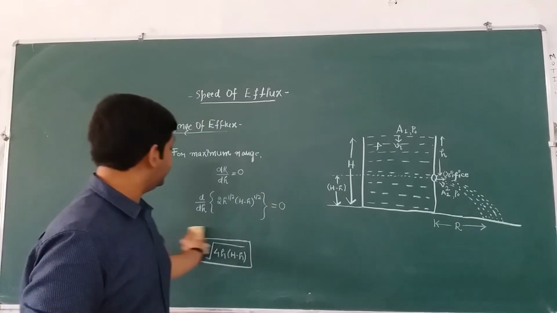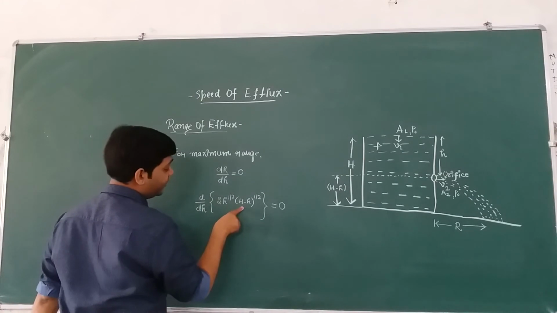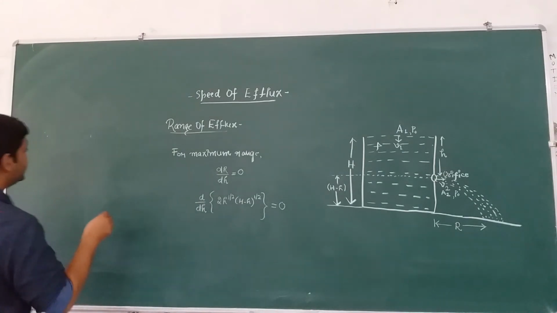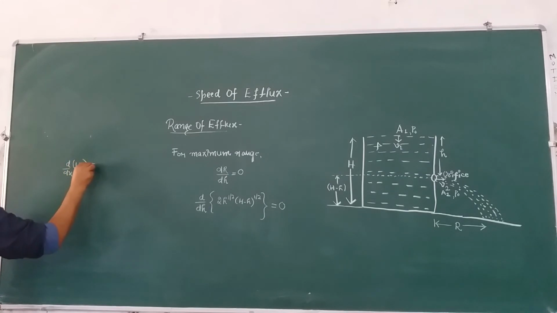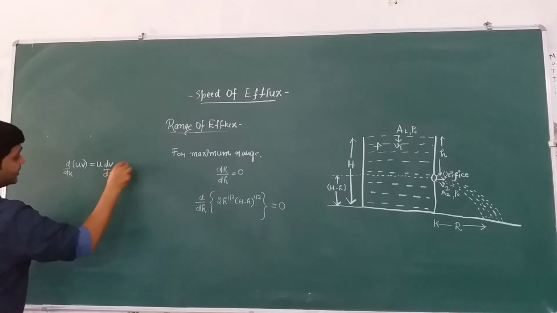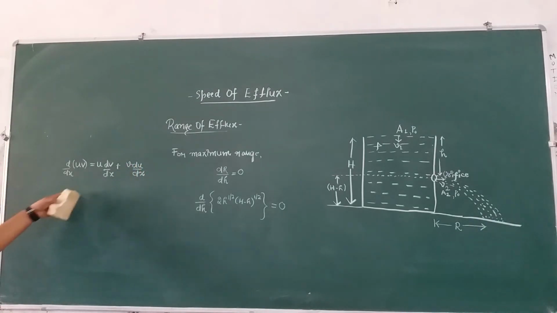Now you can clearly see that this function is a product of two functions. And how do we calculate the differentiation of two functions? We have studied that d by dx of uv, where u and v are the two functions, we calculate it as first function into differentiation of second function plus second function into differentiation of first function. This is how we calculate the differentiation of the product of two functions.